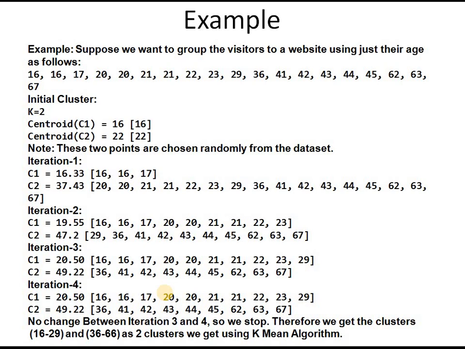Next we try to make iteration number 4, pushing some values. We don't need to push any values. When we compute iteration 4 again, there is no change in the mean values.